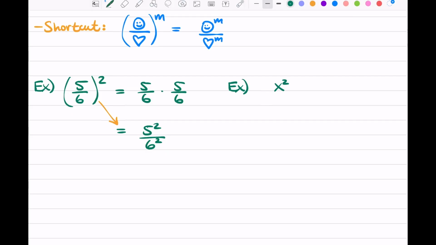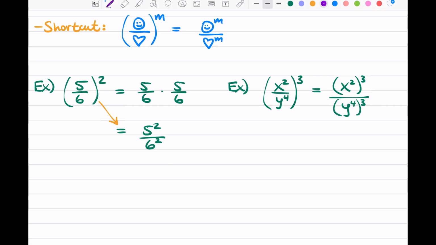Let's have x squared over y to the 4th, and we'll raise this to the 3rd power. Our shortcut tells us if we have a fraction raised to some power, we can rewrite it as the top part raised to that power divided by the bottom part raised to that power.